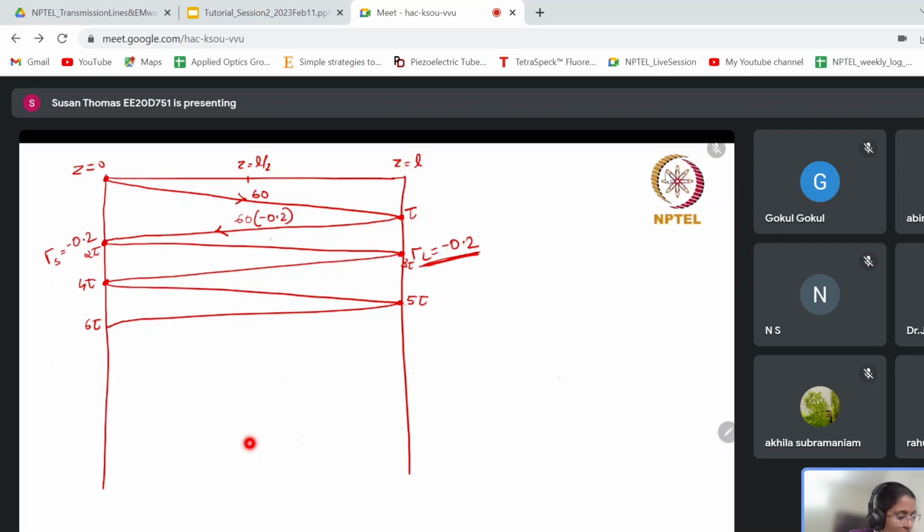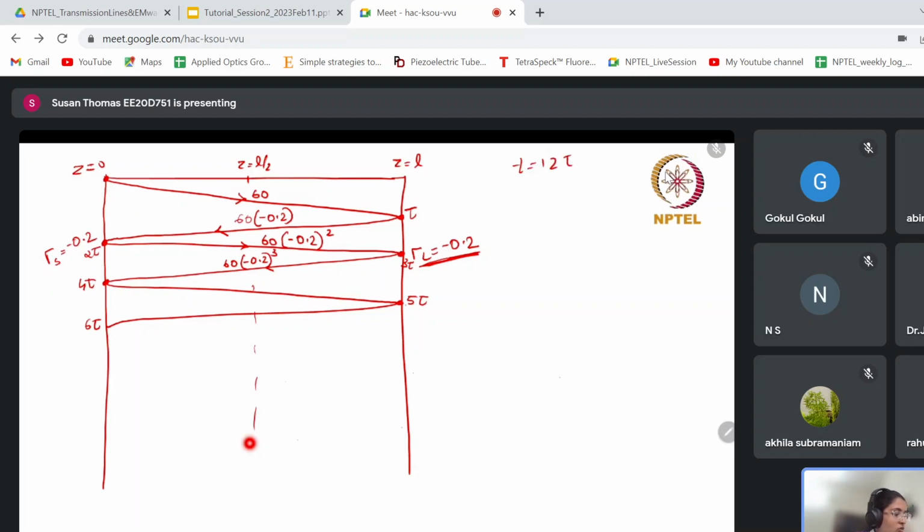So again 60 into minus 0.2 the whole square. Again the reflection happens here, so 60 into minus 0.2 the whole cube, and so on. Now the question is at time 12 tau.